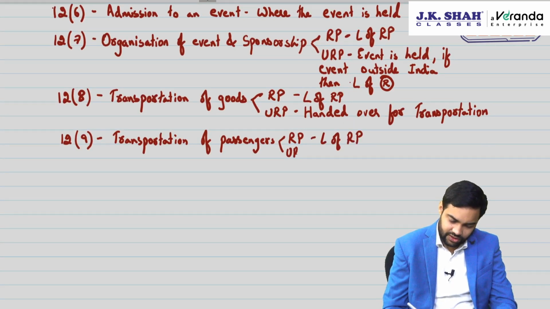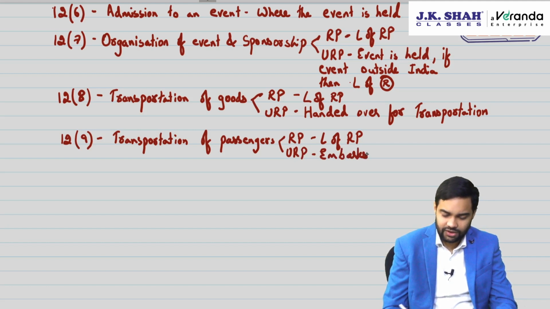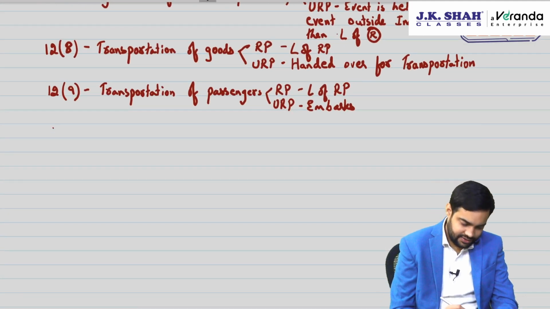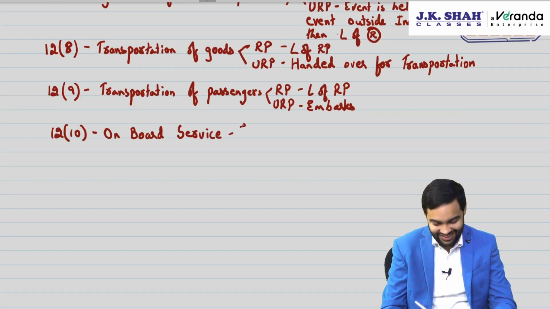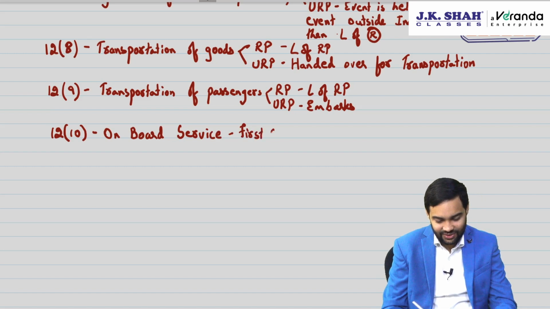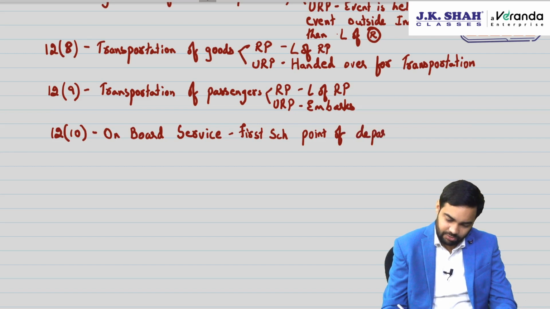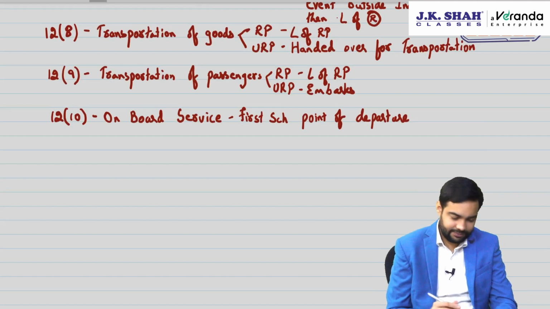If it is provided to unregistered person, then obviously the law uses embarks for a continuous journey. 12.10 on board services. On-board services, do you think RP URP will be there? Obviously no. The law has said first scheduled point of departure. Whatever is the first scheduled point of departure, that will be considered as place of supply.